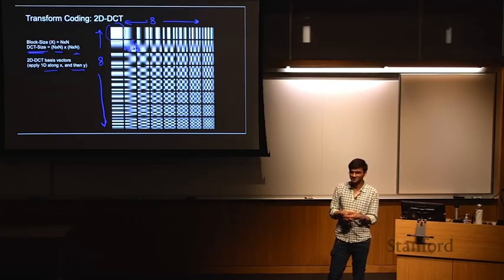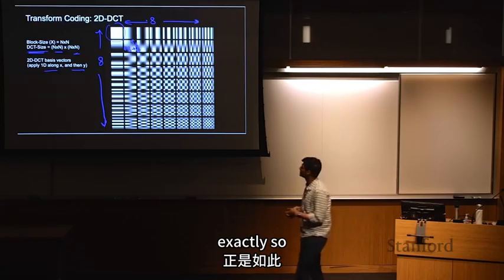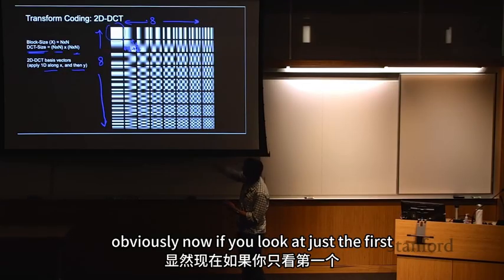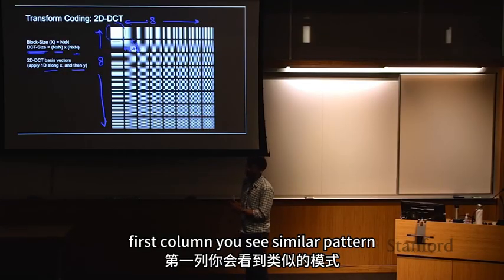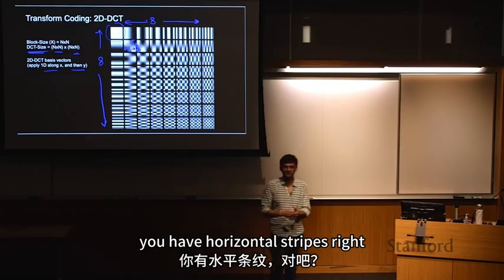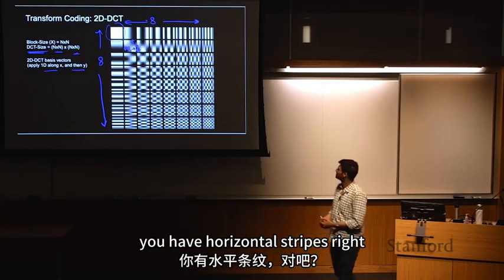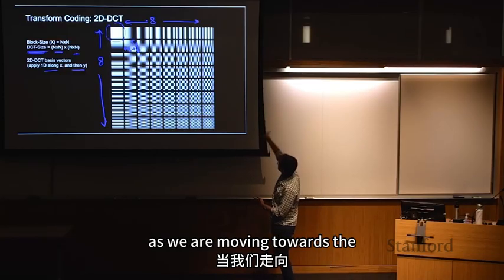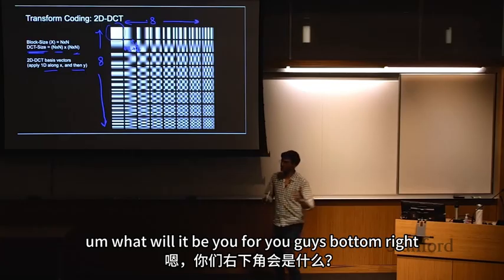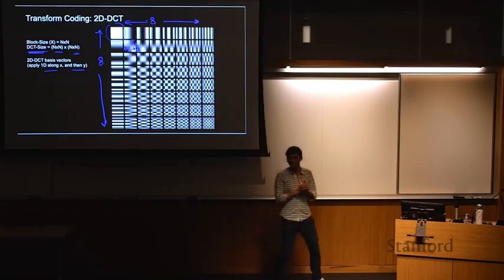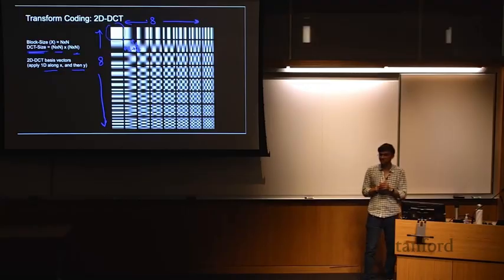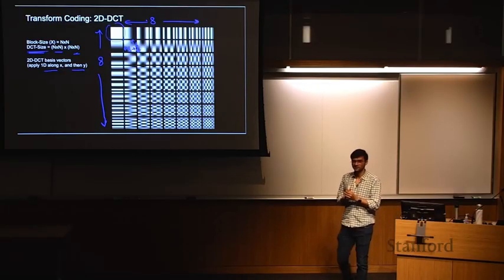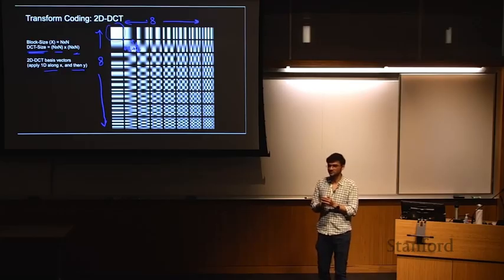The column is the same way. Exactly. So if you look at just the first column, you see a similar pattern, but now instead of vertical stripes, you have horizontal stripes. What do you think is happening as you move towards the bottom right? It seems like a product of the first row and the first column.